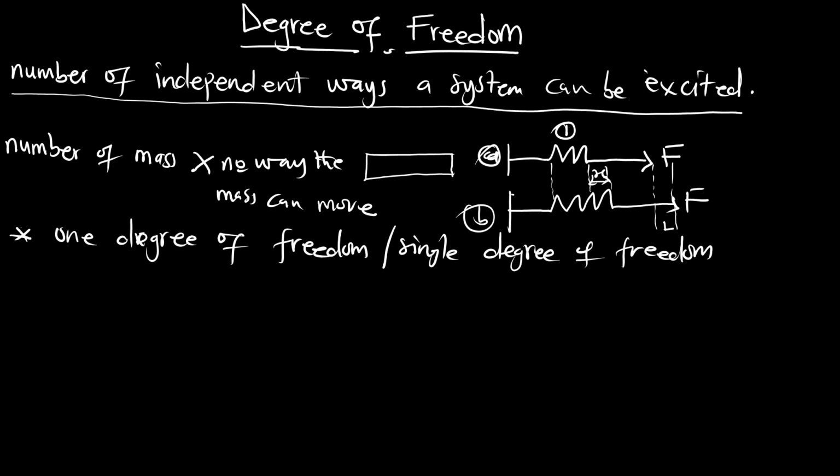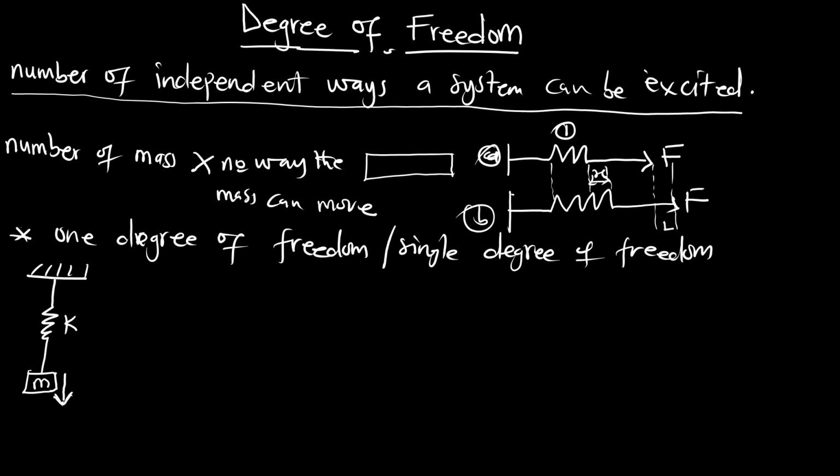What I mean is, let's look at this. If I have a spring attached here this way, with a spring constant K attached to a mass M, if you want to disturb this, it is only one way, right? You can disturb it by pulling it down, right?